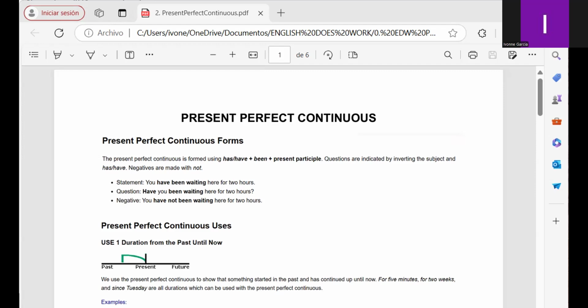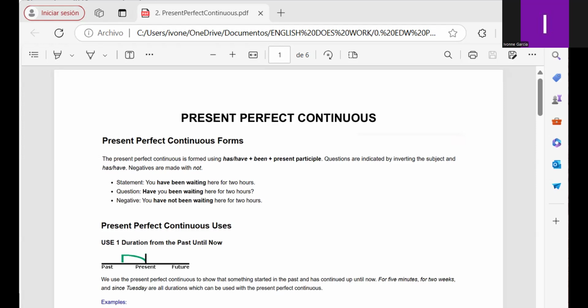Remember that the present perfect continuous usually emphasizes duration, or the amount of time that an action has been taking place. So they started in the past, they continued up to the present, and now I want to emphasize the duration of the activity, the amount of time of that action.